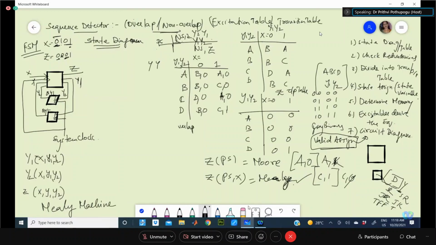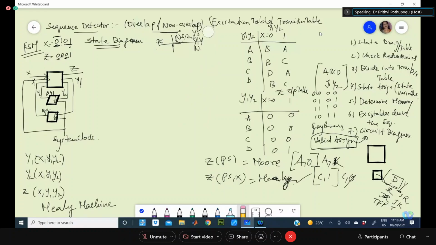Okay, now what is the next step? Next step, determining the memory, we need to take the transitions we said, no? And derive the equations. See here, what is this step?